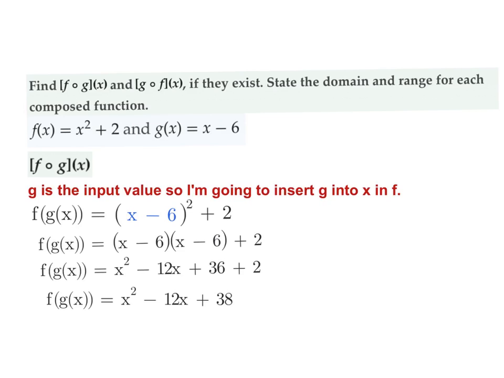Now, we have to also find the domain and range. Here's what you want to look for. Starting with domain, is there anything that I can't plug in for x? Any value you can think of that you can't plug in here?